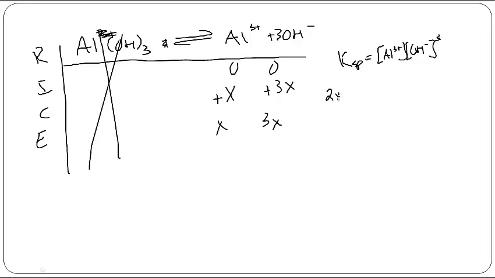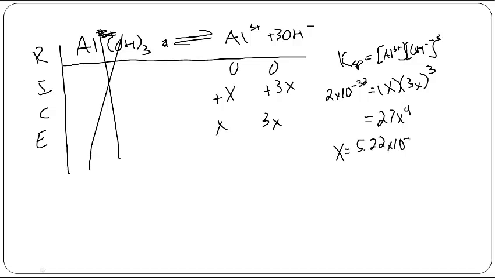So 2 times 10 to the minus 32nd equals x times 3x cubed equals 27x to the 4th. And if you solve for x, you get 5.22 times 10 to the minus 9th is your molar solubility in pure water.